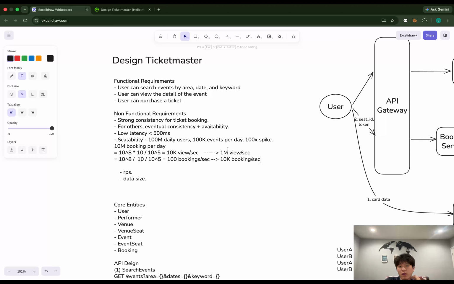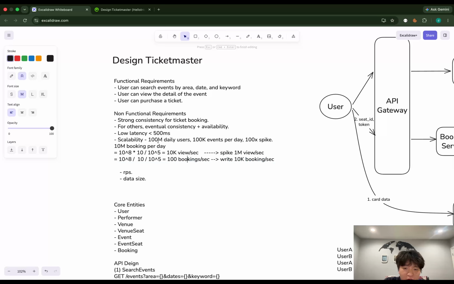So just to be clear, this one is a read request, and this one is a write request. So obviously for write requests, the throughput of the database, for example, is lower. Yeah, so that's what I have to take care of.